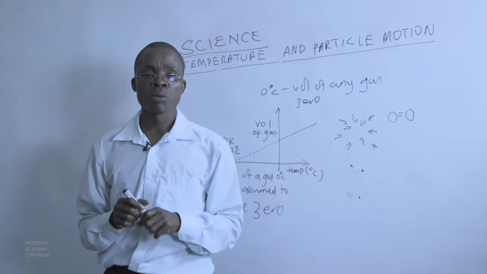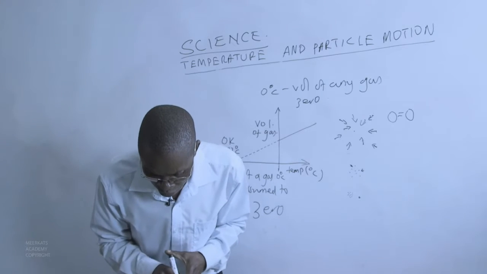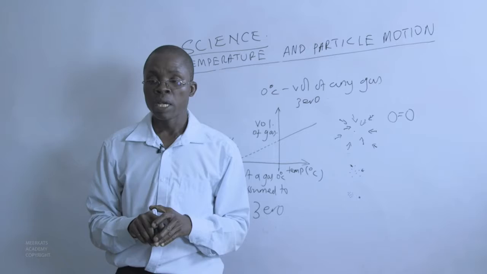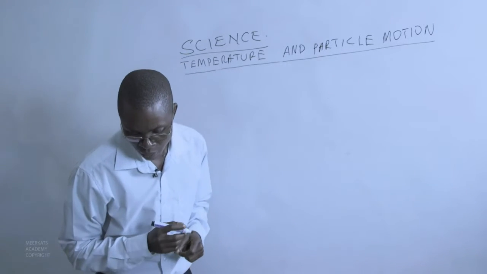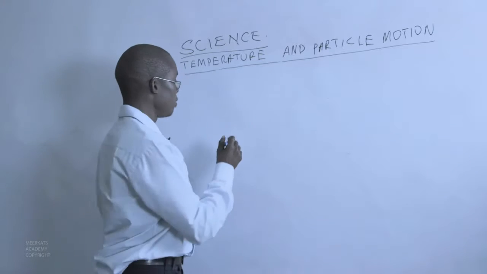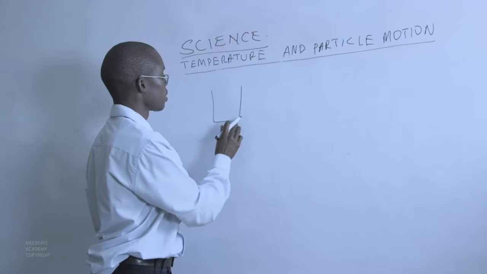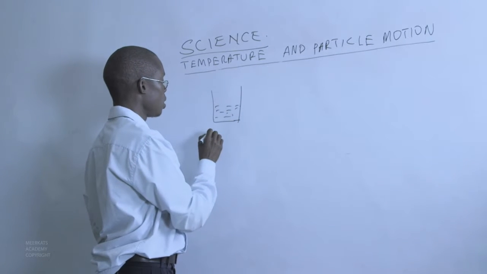The other aspect that we need to explain is this: consider 4 different pictures of water in this state. We have water in a beaker, and this water is boiling.